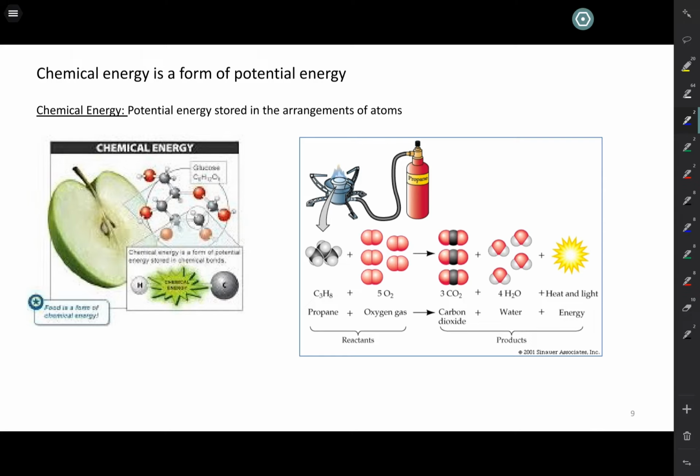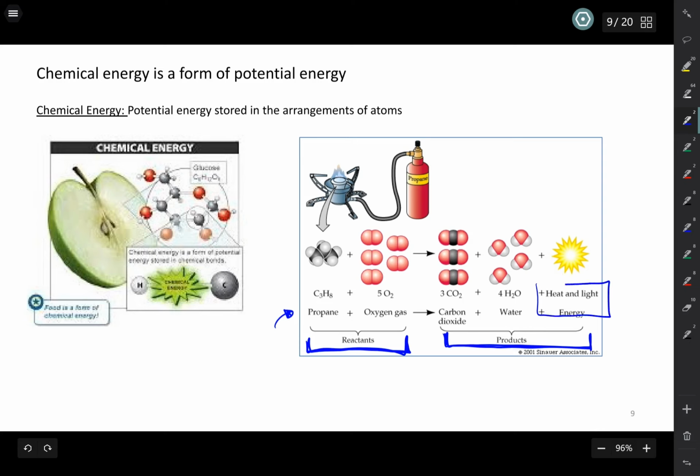So if we have a reaction that releases energy, that means the products are found in a lower energy state than the reactants were. Again, we're having some sort of chemical change in this reaction such that the overall products have a lower energy state, therefore energy will be released in the reaction.